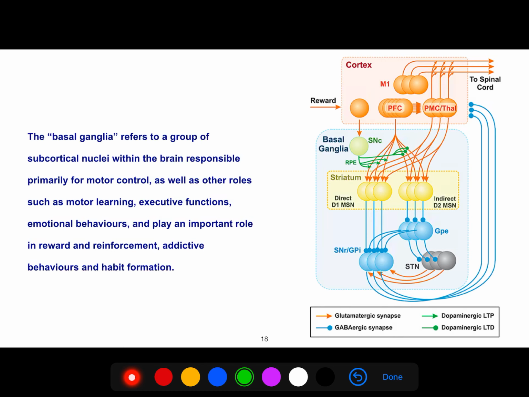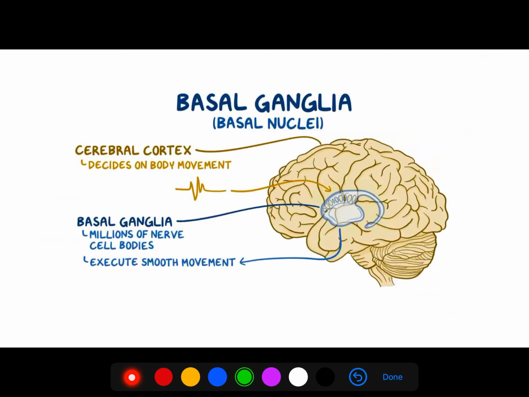You see that your cortex has a connection with basal ganglia, whereas your striatum is here. One of the most important parts of your basal ganglia is the striatum. And then through SNR, it comes back to the PMC thalamus, and it has connection with prefrontal cortex and different regions of your cortex.